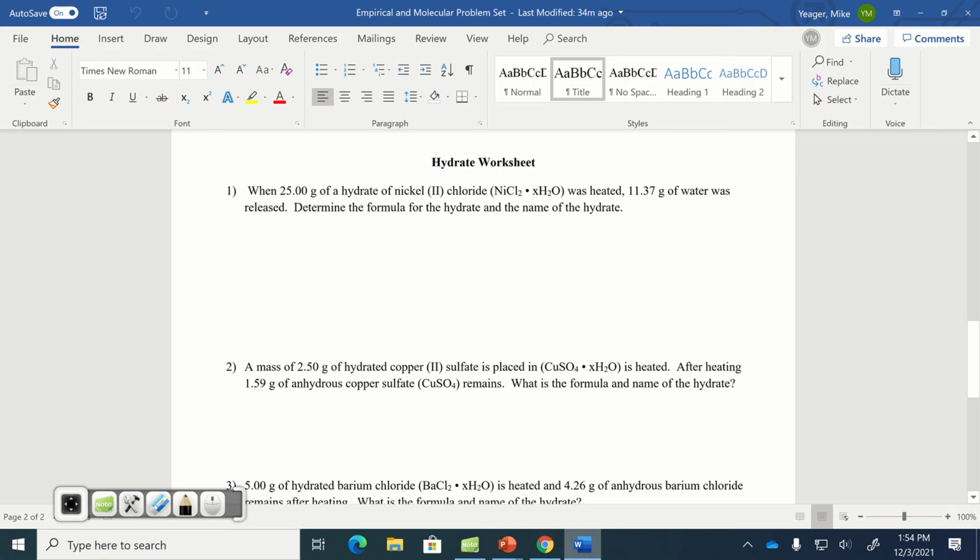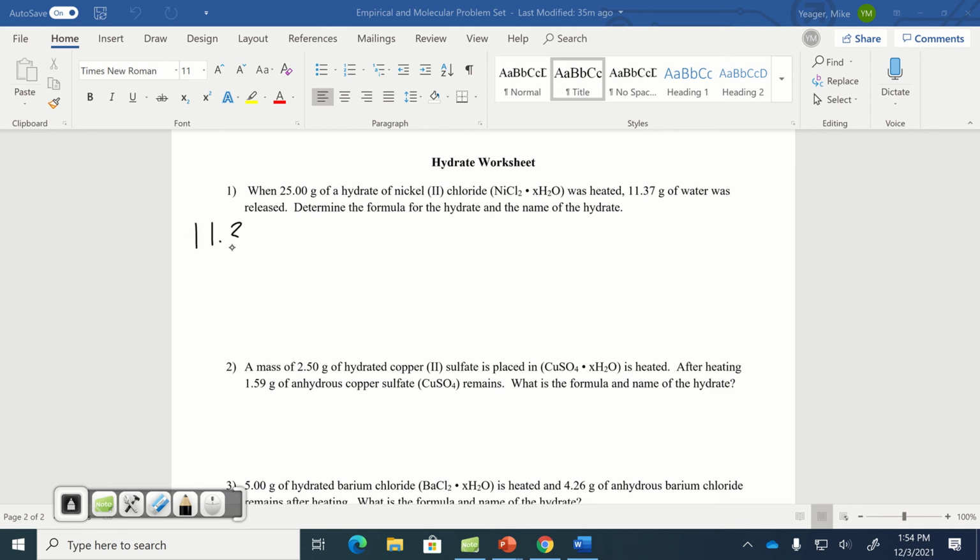So let me show you an example there to finish things up. Okay. If I look at this first compound here, I have a 25-gram hydrate of nickel(II) chloride, and I don't know what the number of waters is, and it is heated. When I do that, 11.37 grams of water is released. So this is a common lab. Determine the formula for the hydrate and name the hydrate. All right.